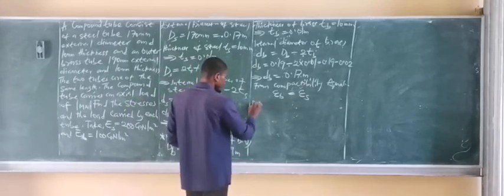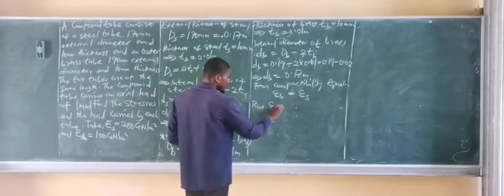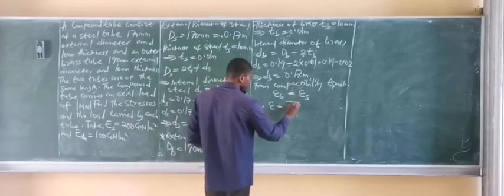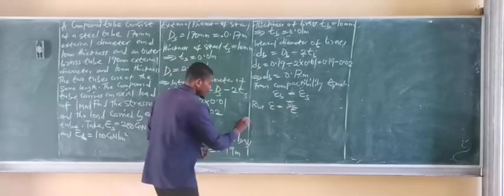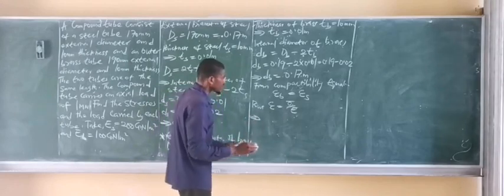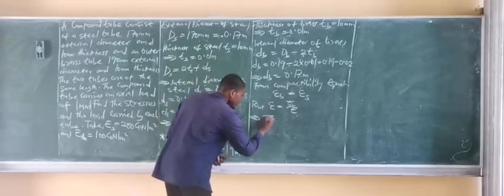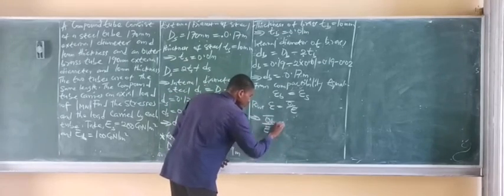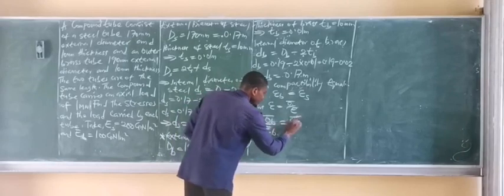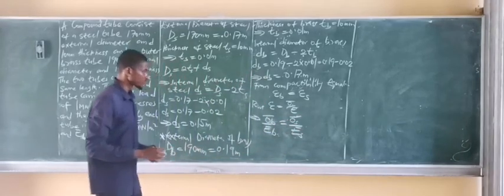But you know that strain itself is equal to stress over Young's modulus. So that simply implies that the strain of brass becomes stress of brass over Young's modulus of brass, and that's equal to the stress of steel over Young's modulus of steel.